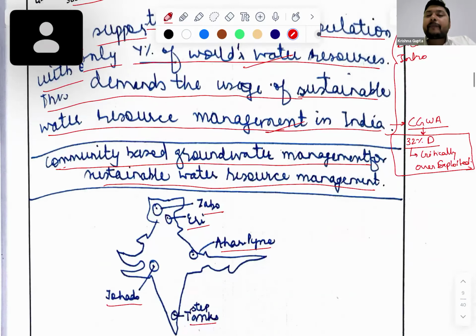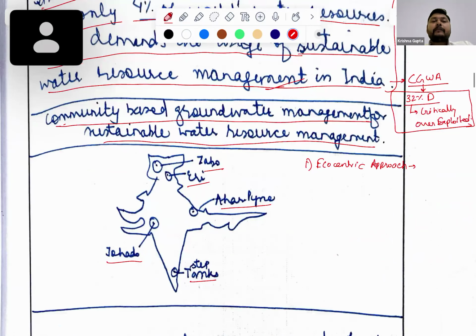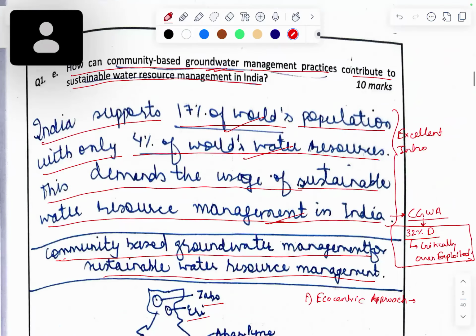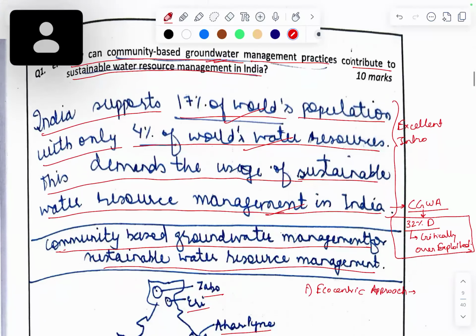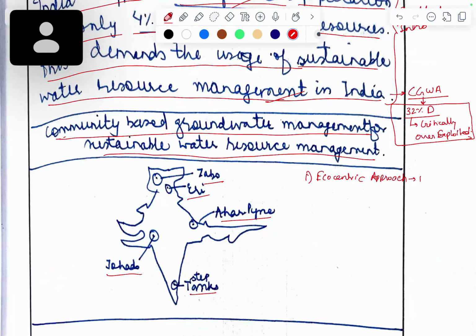Okay, the ecocentric approach can be used here. An example of the ecocentric approach: all the construction that is done sustainably, we can use this here.